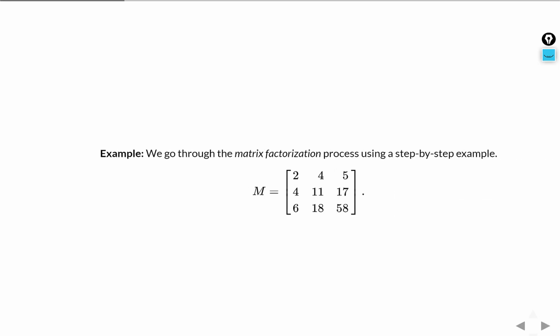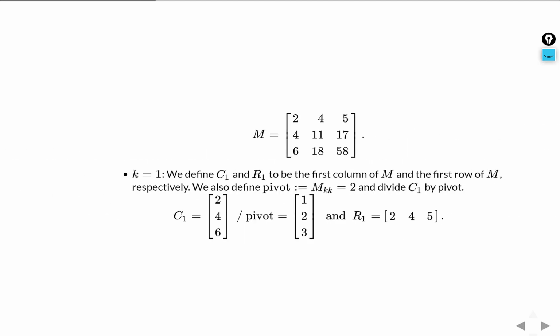Through a step-by-step example, we're going to factorize matrix M. Step 1. We define C1 and R1 to be the first column and row of M respectively. This is C1 and this is R1.